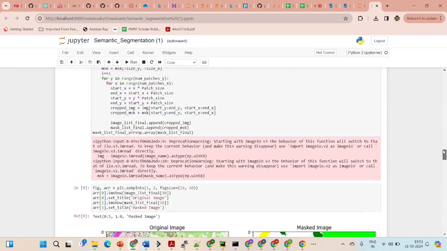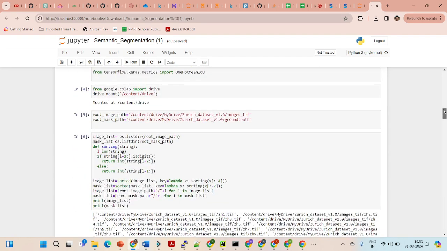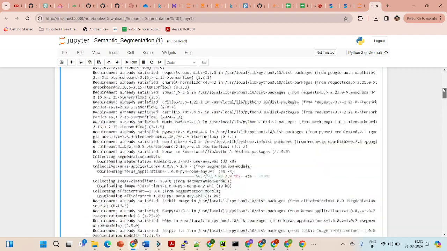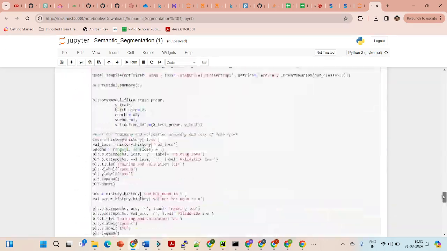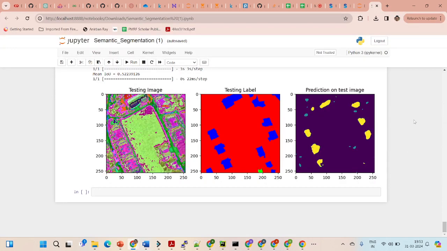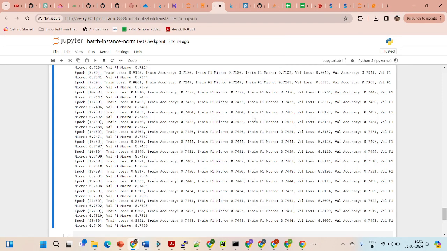I've used pre-trained models, so I cannot show you much here, but I can show another code today where I'm running it.